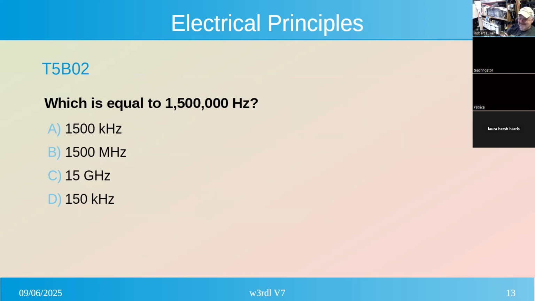To find out about alpha, for example, you would divide by 1,000. It's going to be a smaller number because we're dividing. So 1,500 is equal to that, and therefore Bravo can't be that.